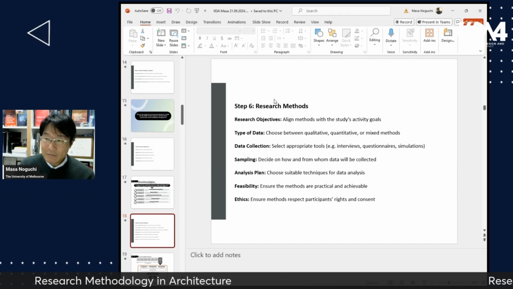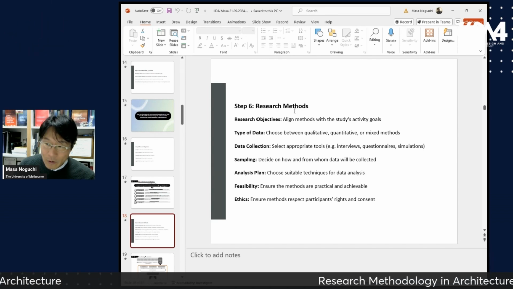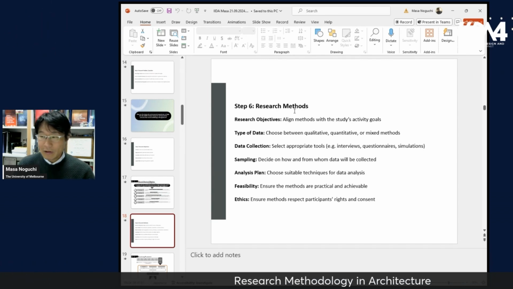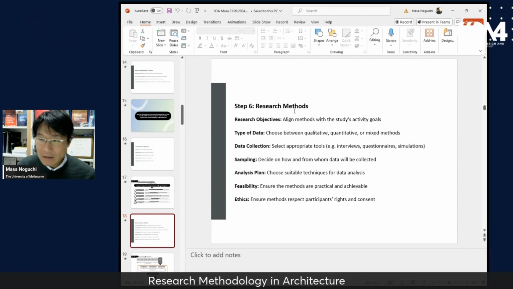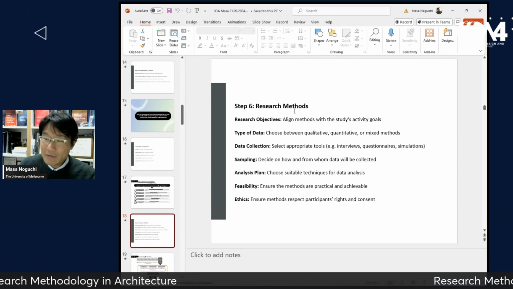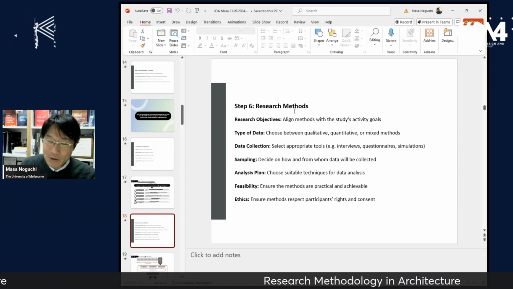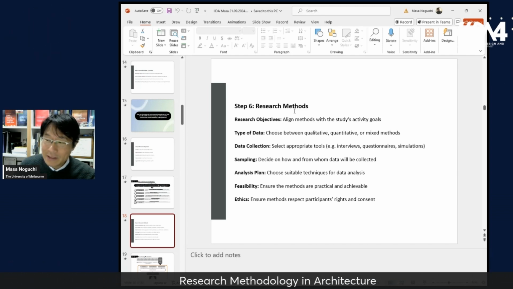Therefore, research method appears in the context of research methodology. So I want you not to be confused by the differences between the two.